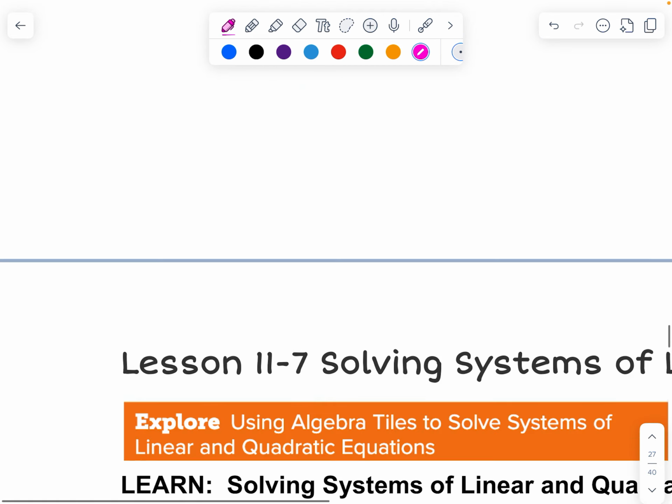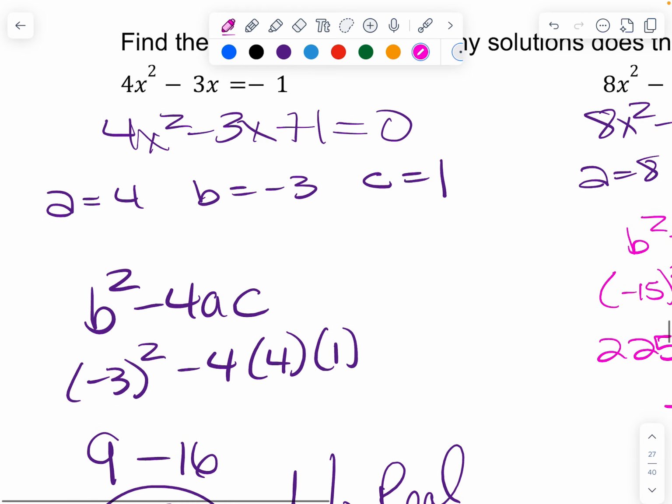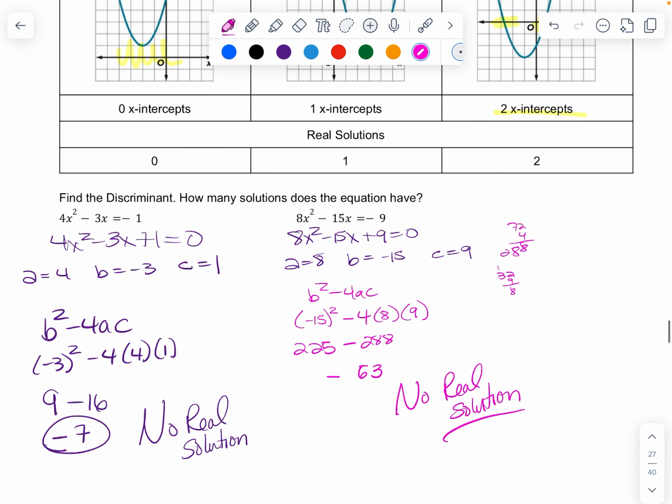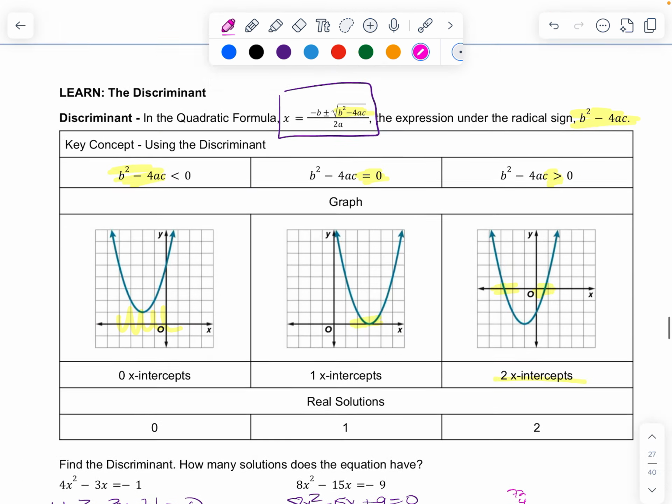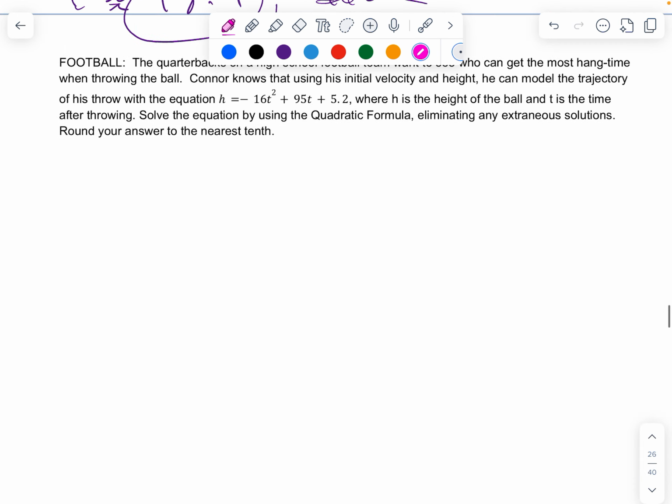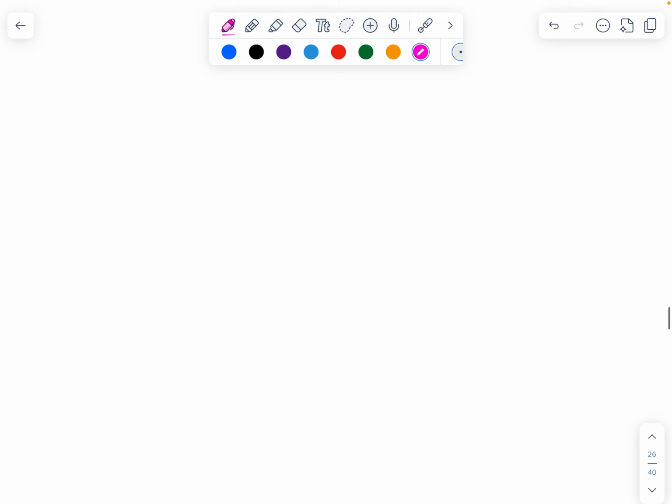Okay, so let's try it again. Why wouldn't it give us a better one? That's ridiculous. Let's come up here, and I'm going to give you this one: x squared plus 5x plus 6.